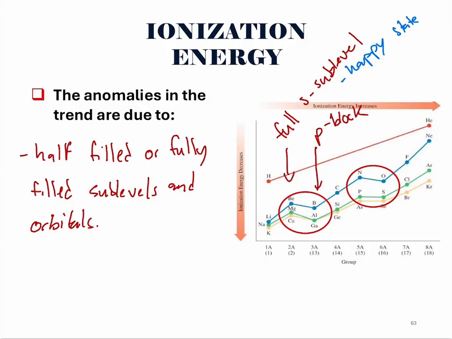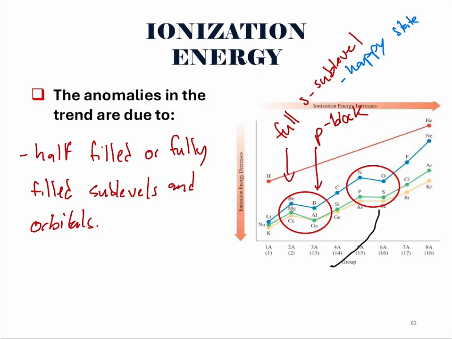You'd have to ionize 2 electrons to get to a full S sublevel. Because it's only 1 electron away, it makes it easier to ionize those atoms. Why? Because it becomes happy like beryllium and magnesium do.